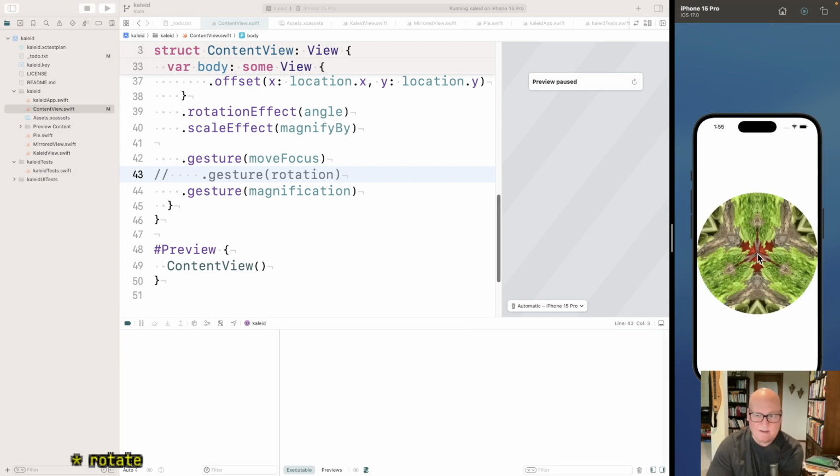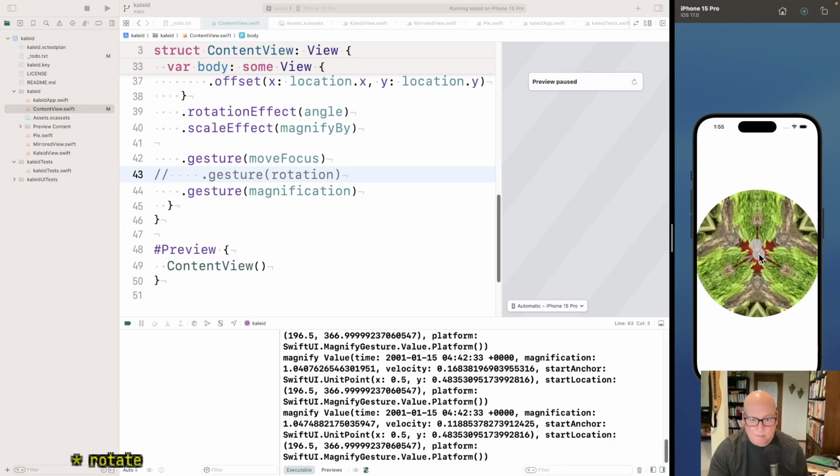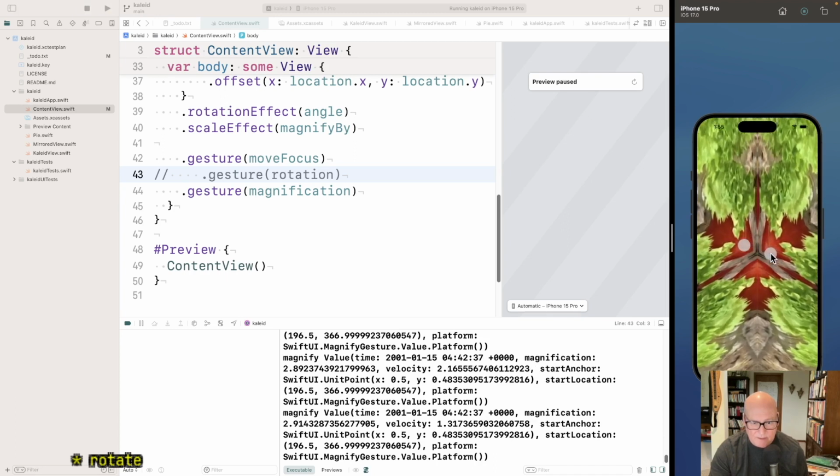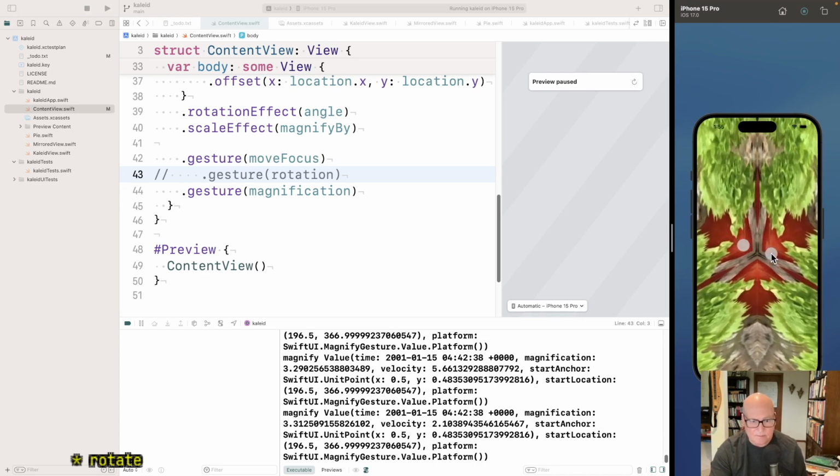so the notion I have is if I do magnification, you see, it's giving me the anchor. I get the magnification factor, velocity. I don't know how to interpret start anchor and start location.